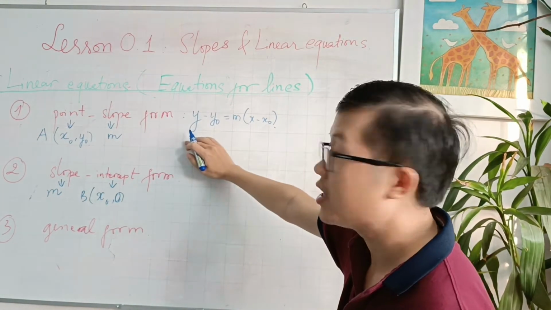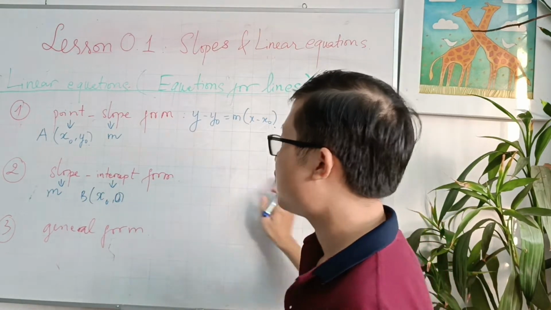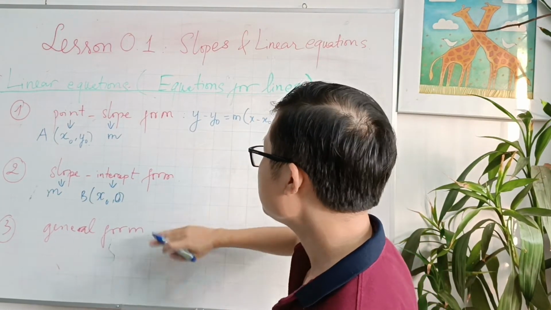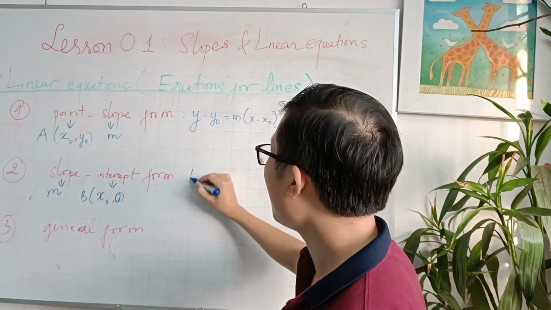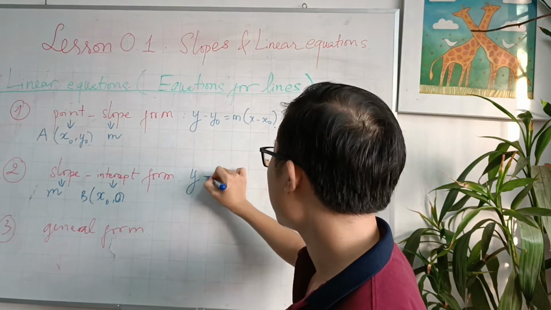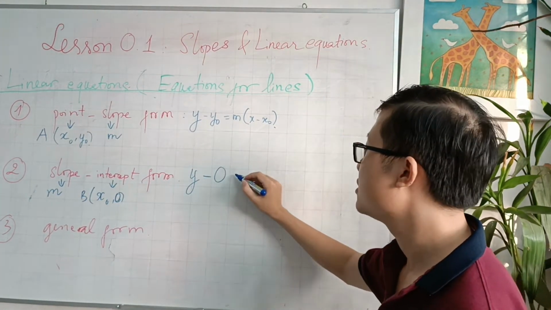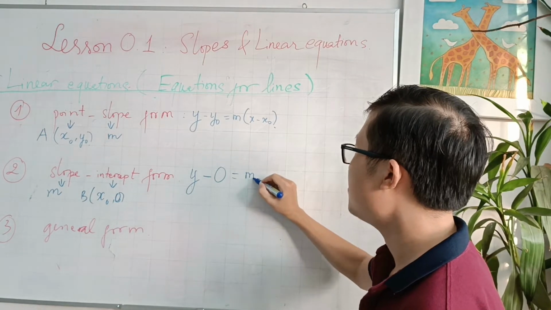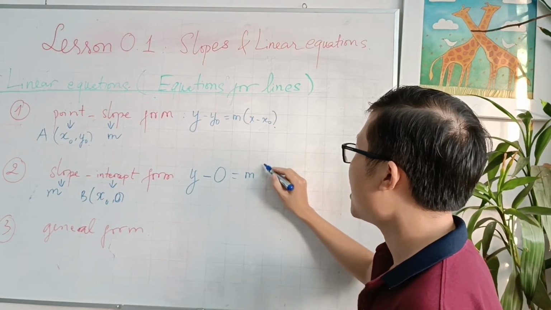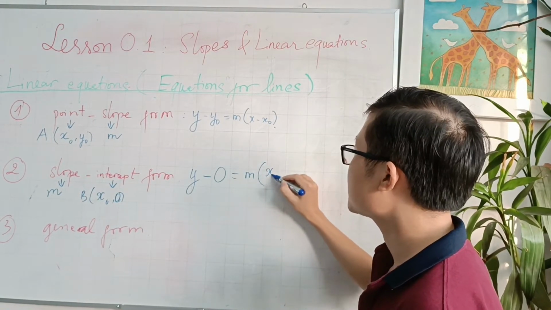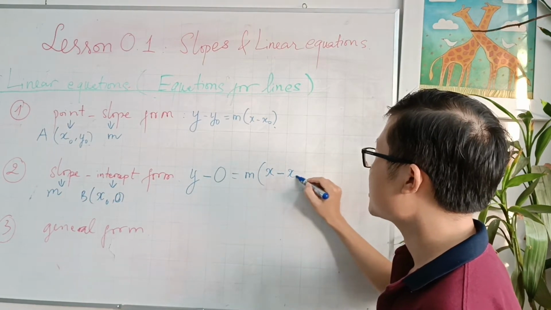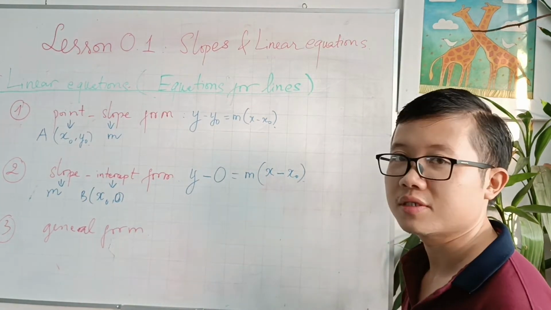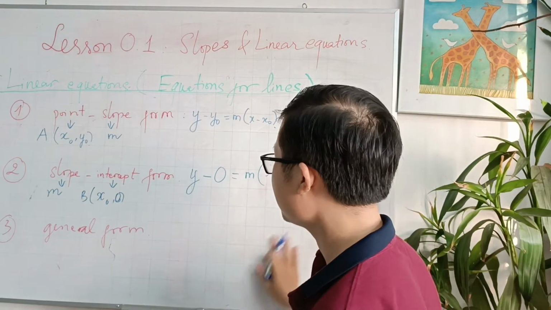We apply the first formula to get the second form: y minus 0 equals m times x minus x0. Easy? Yeah, it's very easy.